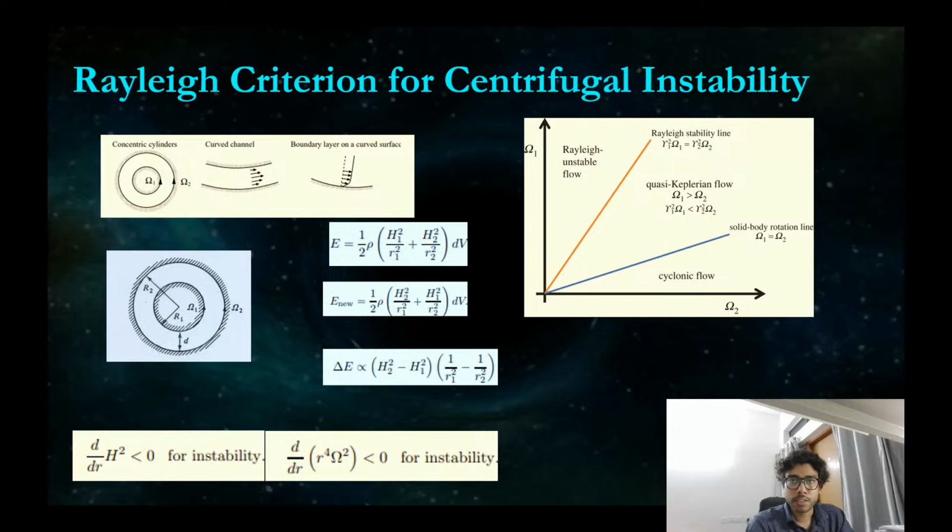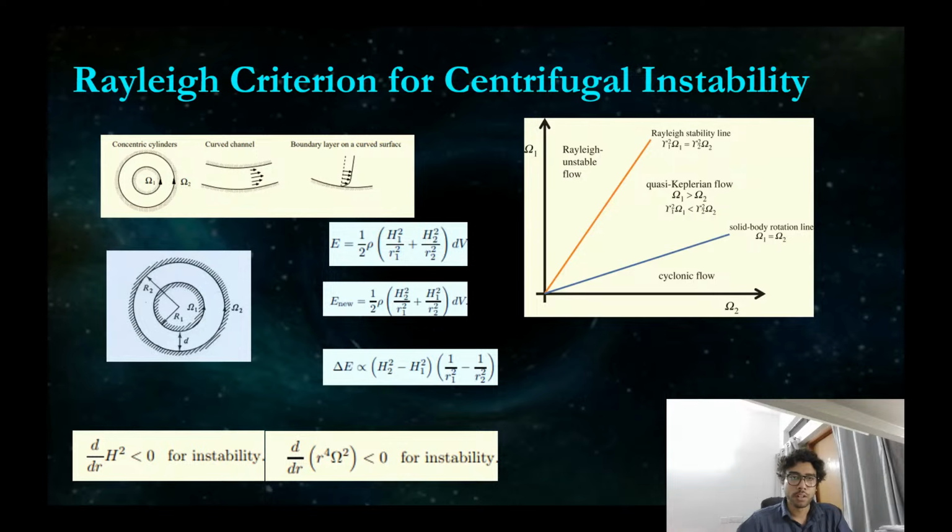So viscosity is basically adding shear to the next layer, and it's telling the next layer that you have to rotate with the velocity of the previous layer, and therefore all the layers will have similar angular velocity, right? So viscosity is something which is causing this solid body rotation.